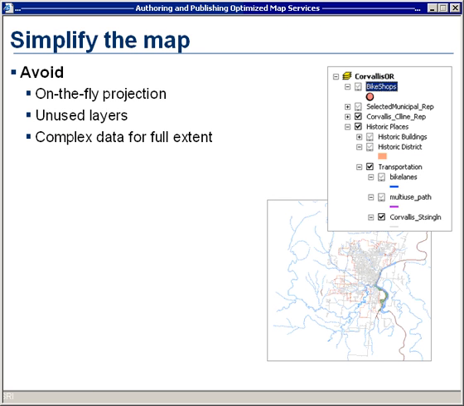First of all, simplifying the map. Things to avoid include on-the-fly projection of the data. Store your data with the same spatial reference. Remove unused layers and information from your map document. Highly detailed features take longer to draw. At full extent, is that curvy coastline detail really necessary, or could a generalized coastline do the job just as well?